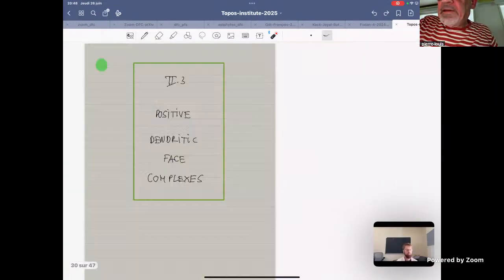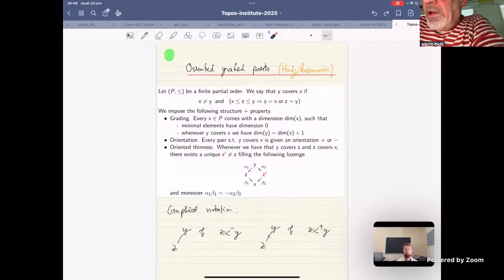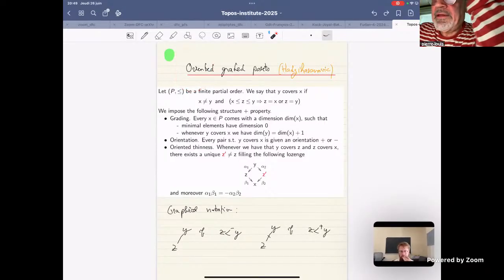And the idea is that we will record when a subface is the target or when a subface is the source. So it means that we are dealing with graded posets, because of course going to subfaces decreases the dimension, and oriented in the sense that the immediate subface relation is decorated with a plus or a minus information, okay?